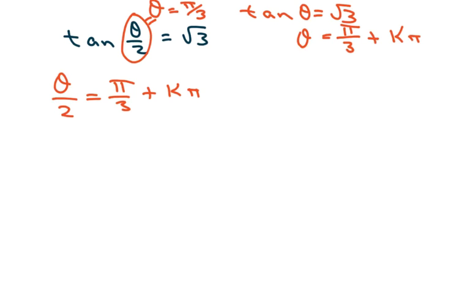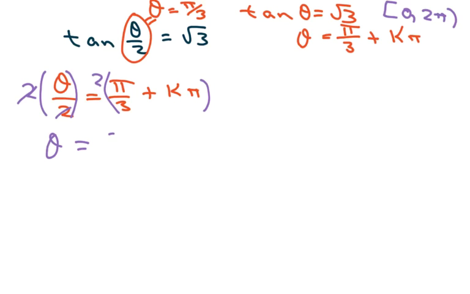And again, we want to go from 0 to 2 pi. So I multiply everything by 2 to solve for theta. This will cancel here, and you get 2 pi over 3 plus 2k pi. So if I let k equal 0, then I just get 2 pi over 3, which works because that's less than 2 pi.